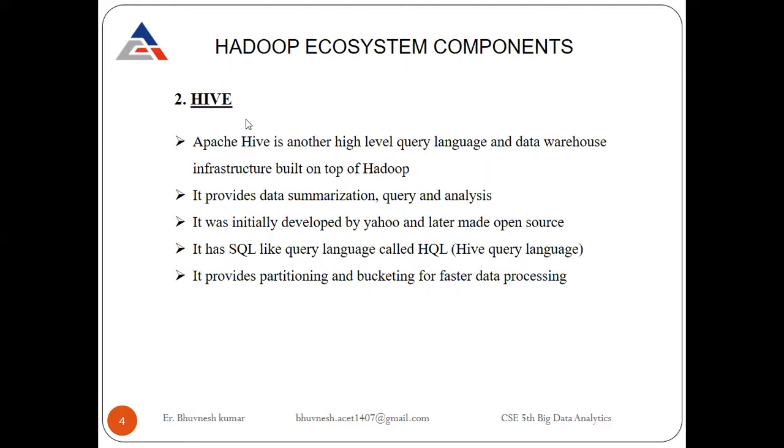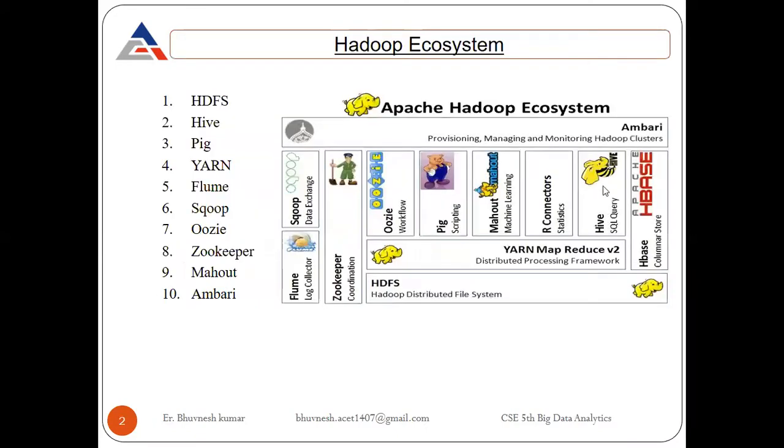Next is Hive. Apache Hive is another high-level query language. I told you that Hive is the combination of Hive plus SQL, which makes your HQL. It is a data warehouse infrastructure built on top of your Hadoop.